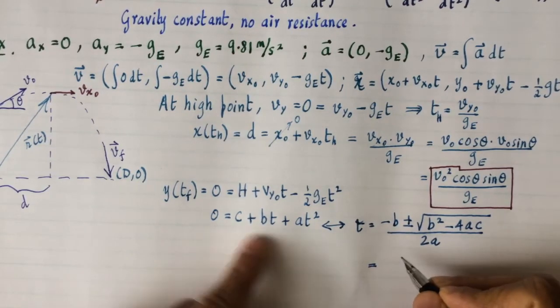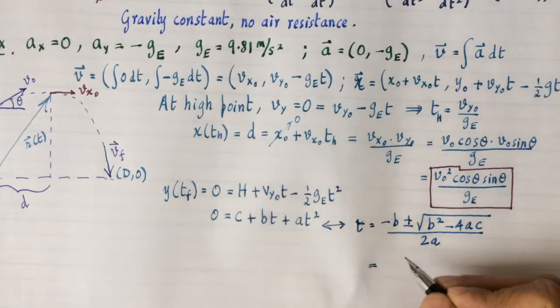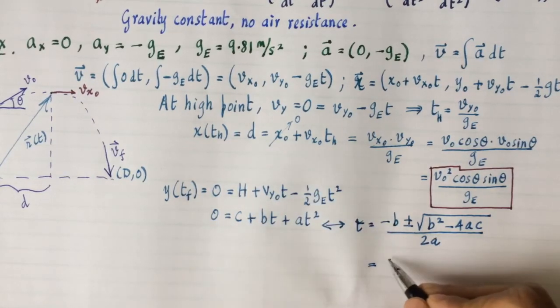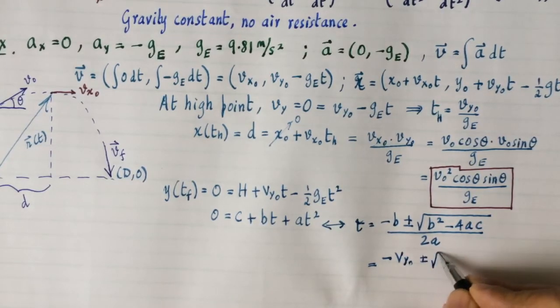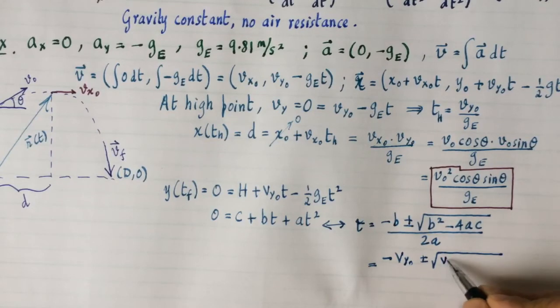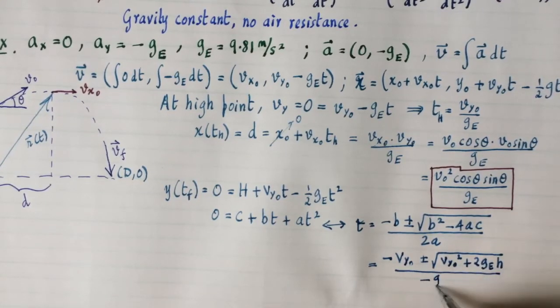Okay, now let's substitute all these values. B is vy naught, c is h, and a is negative half g. So I'm going to get negative vy naught plus or minus square root of vy naught squared plus 2gh divided by negative g.